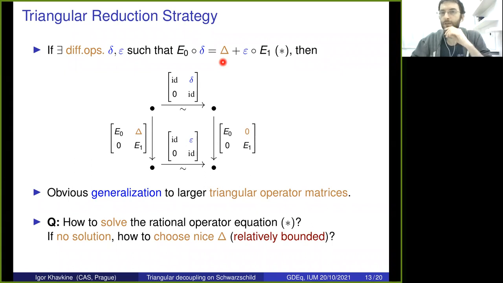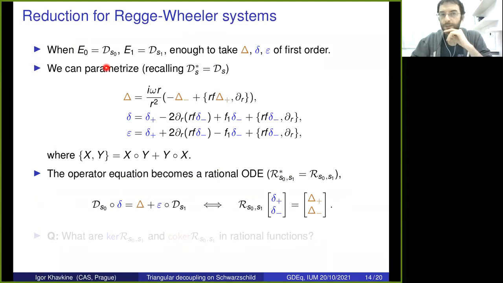Well, maybe you would want to choose a representative for delta to make it relatively bounded if it was not before. Okay, so how would you answer these questions for specific choices of E0 and E1, which for us will be these Reggie-Wheeler operators for different spin values.